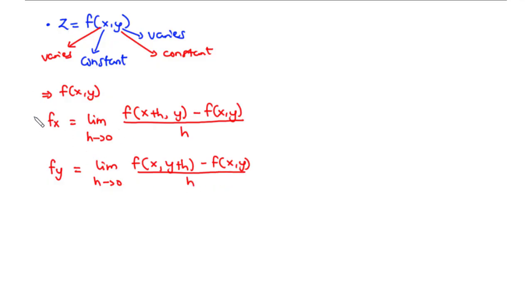So using limits, this is how to determine the first order partial derivatives of functions of several variables. So let's try some examples.